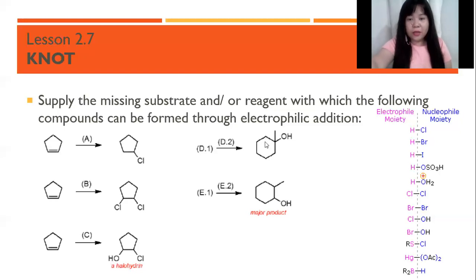Actually, this structure and this structure with the double bond here and here would be equivalent. So in this case, again, you'd also need to decide whether you would like to start with a structure with a double bond here or with a double bond here.